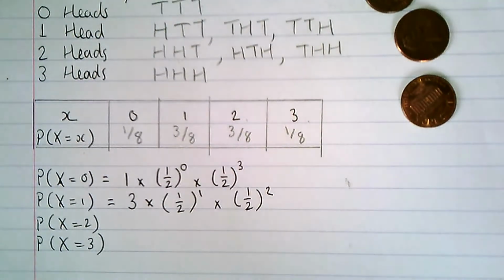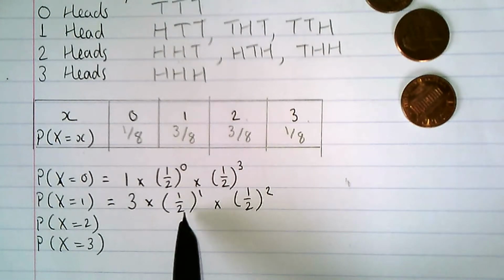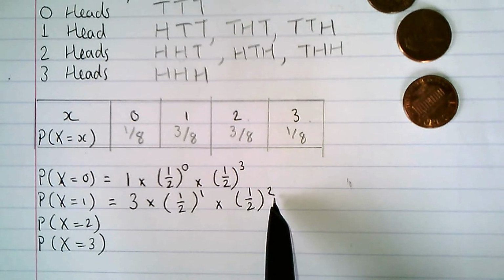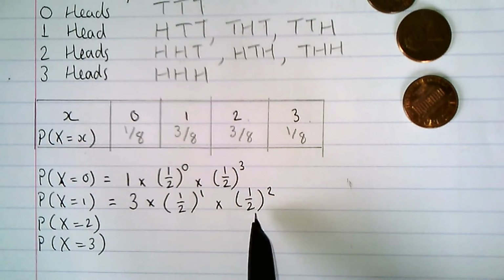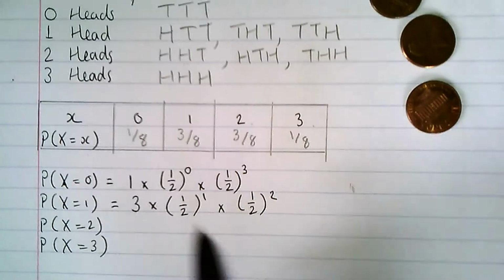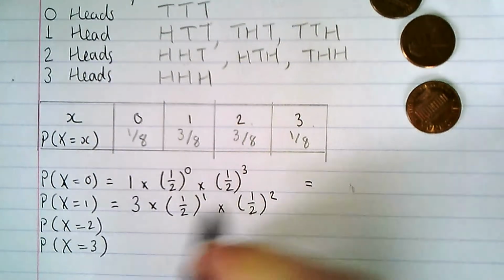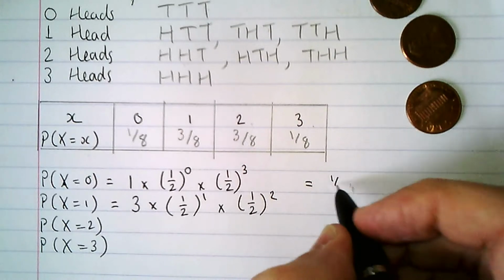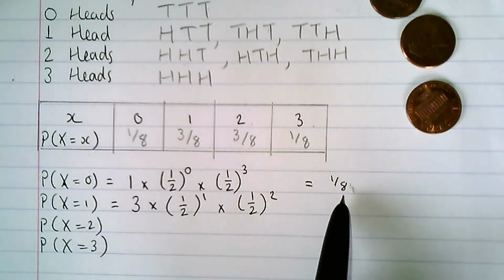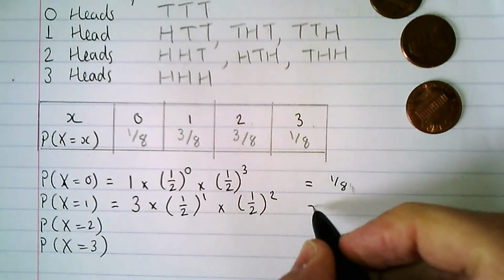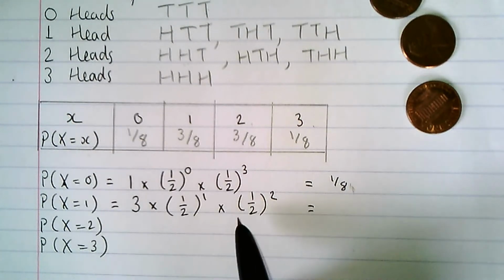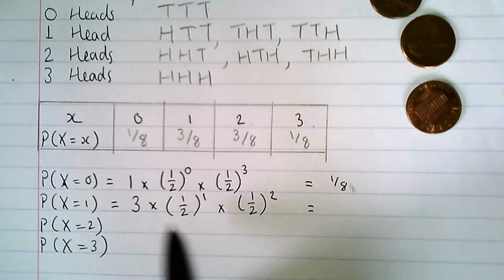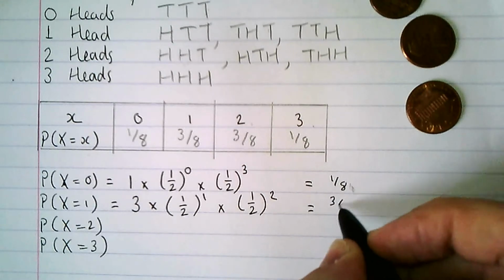And that's exactly the same if you think back to your tree diagram. One of the branches has got heads on it, probability is a half. 2 of the branches have got tails on them, so the probability is still a half. Now if we were to work these things out, half cubed is 1/8, so that matches up with the probability that we got by thinking about it theoretically. Here I've got a half times a half times a half, so that's 1/8, times 3 is 3/8.